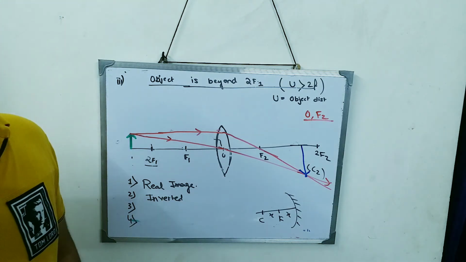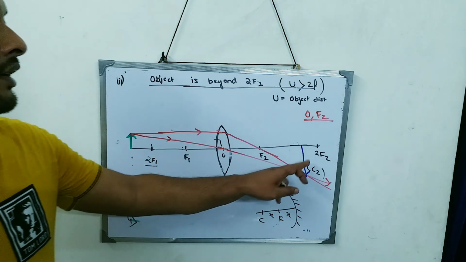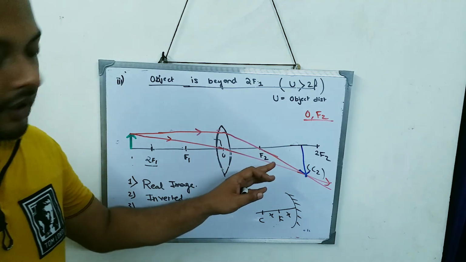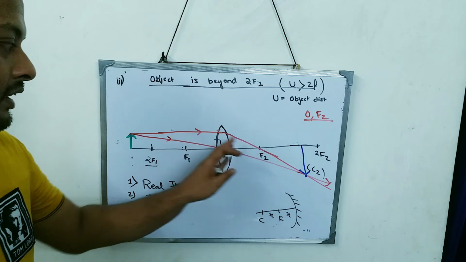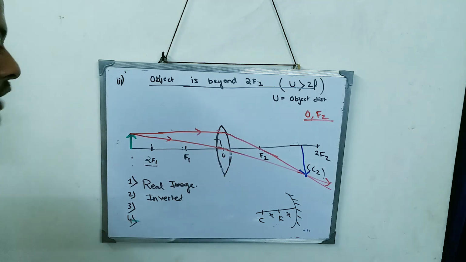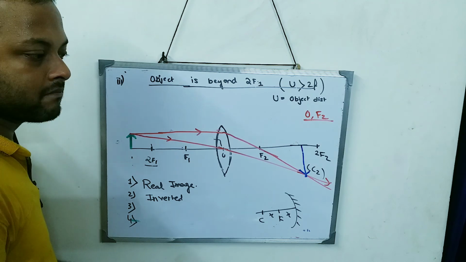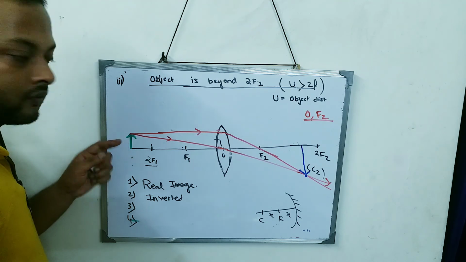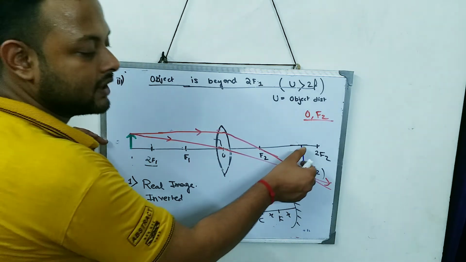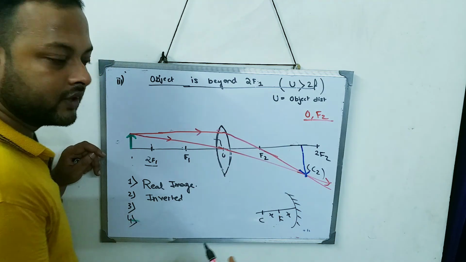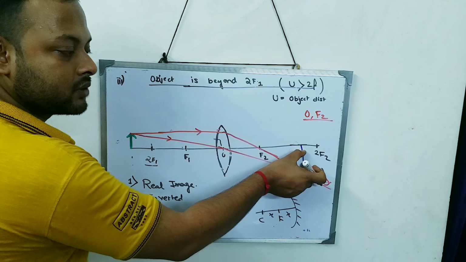The third thing we come to know is the size. Over here it is looking big in size because I have not taken the actual measurements. This is not drawn with straight lines, but actually this is much smaller than this object. This object over here is bigger in size, and this image is actually smaller in size. Although it is not looking like that because I have drawn it freehand, it is actually smaller in size.